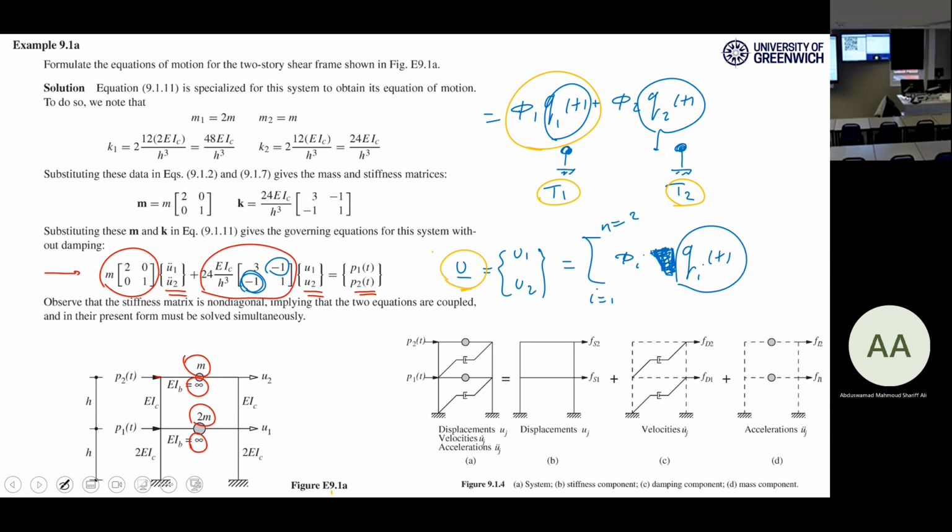T3. These T1, T2, T3, T4 are natural frequencies of the system, or better say natural periods of the system. Because when we talk about T, it's natural period. If we bring it to F, 1 over T, it's frequency. If we bring it to omega, it's radian over second.